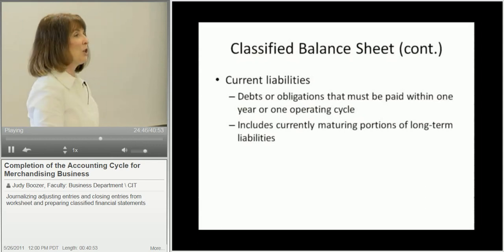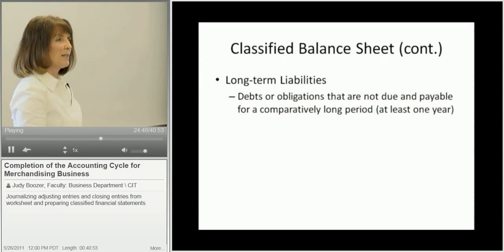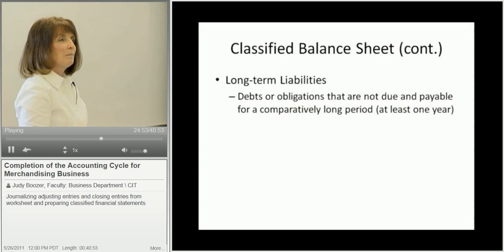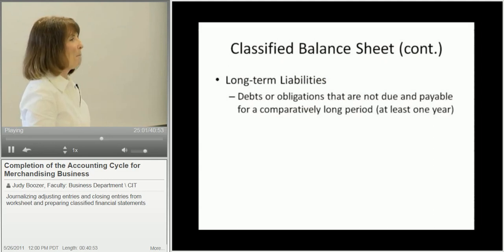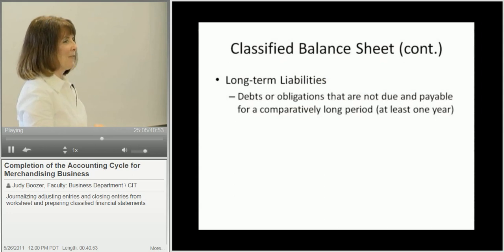Now, long-term liabilities would be what? No. What would they be? Mortgages. Good. Mortgages. Unfortunately, those mortgages last a few years. So that's going to be a long-term portion.